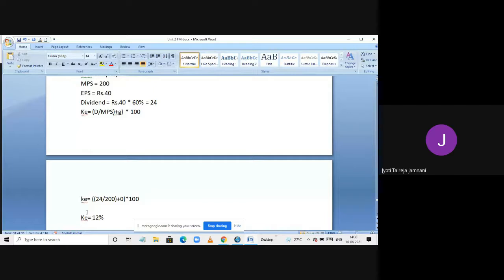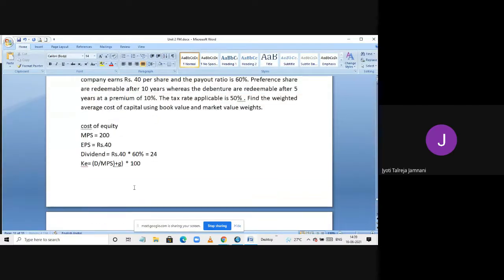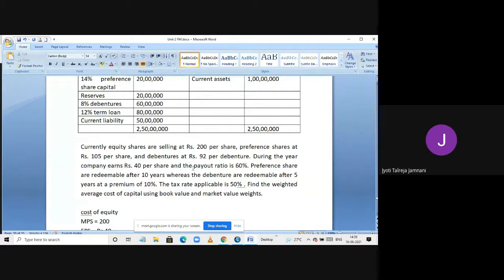Now let's see what all they have told about preference, and we'll highlight it in red so that we get it easily. In the exam also, you can underline details of preference with a pencil, underline details of debentures with a blue pen, and don't underline anything for equity. So you will be able to segregate it easily. Here I am highlighting it with different colors.